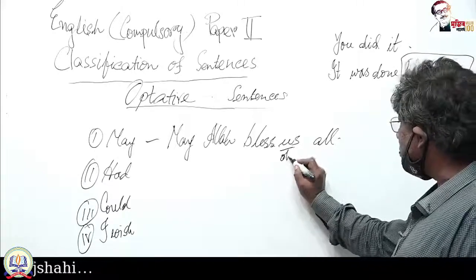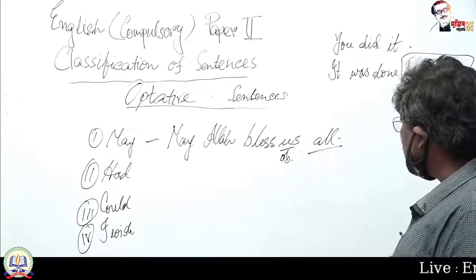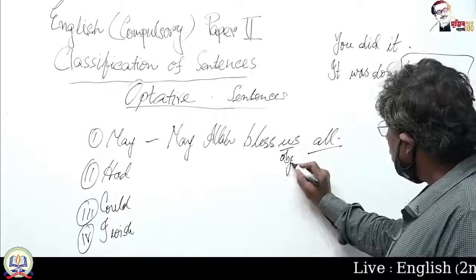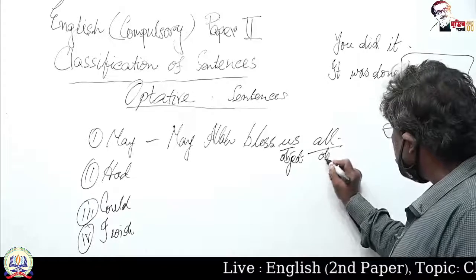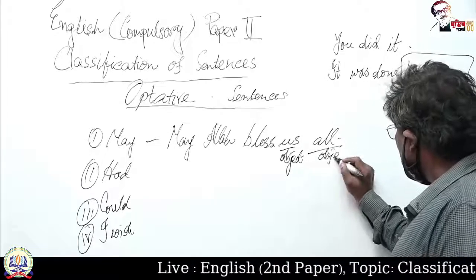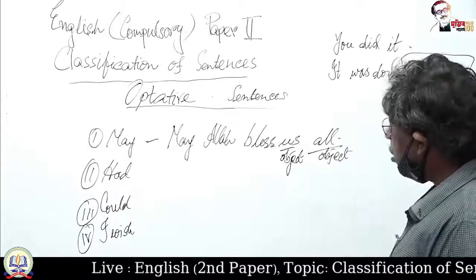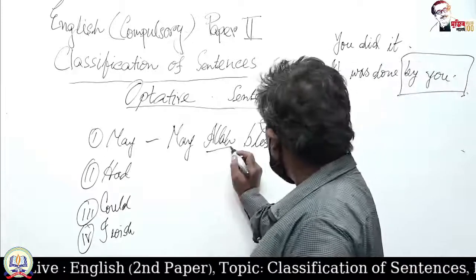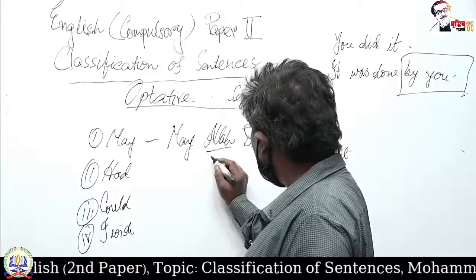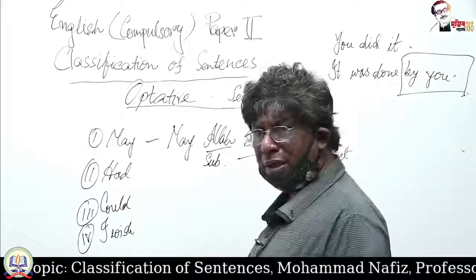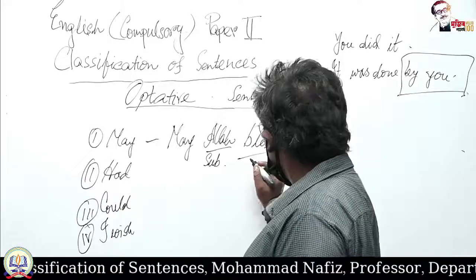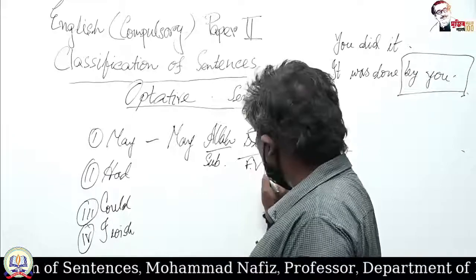Us is an object which is modified by another noun or object, all. After may, we have the word Allah as the subject, and bless is the finite verb.